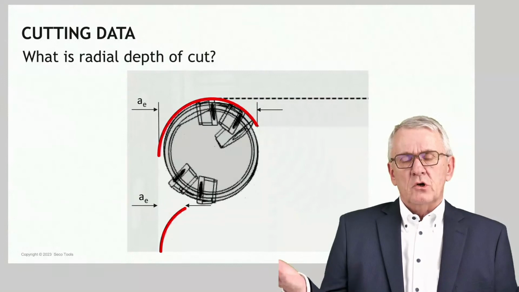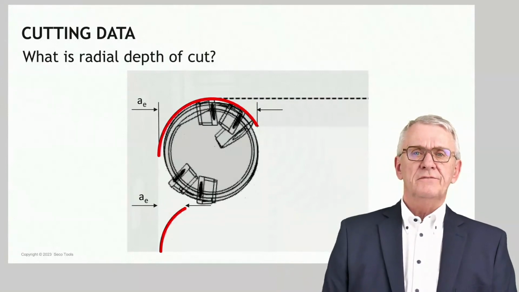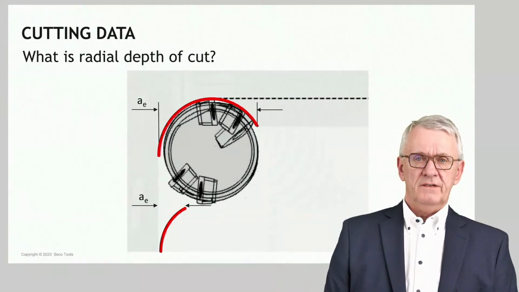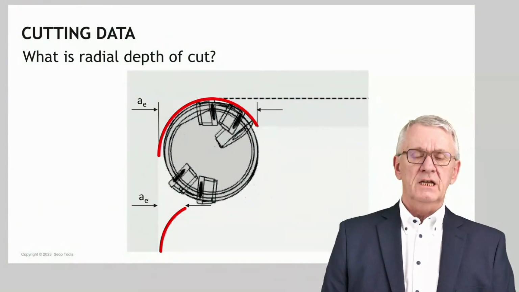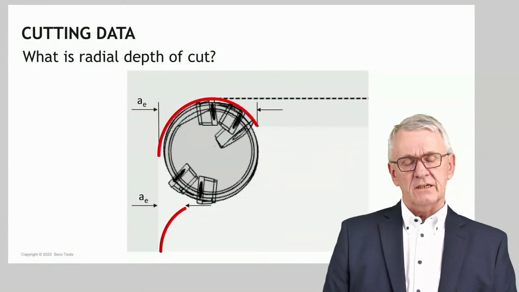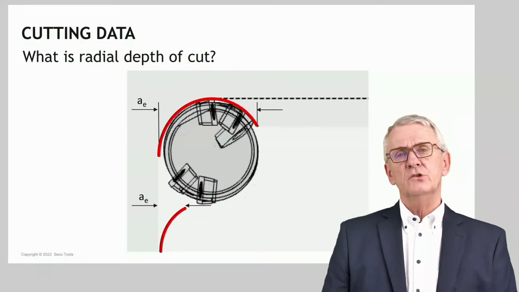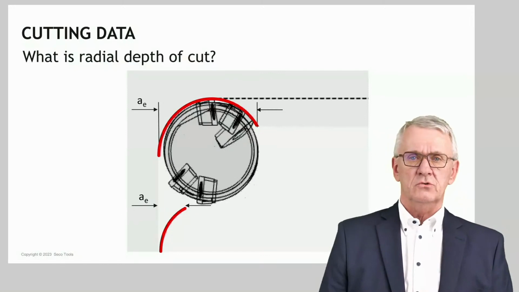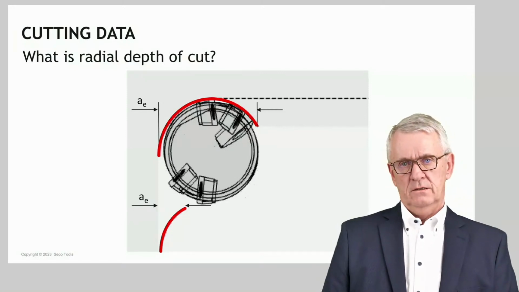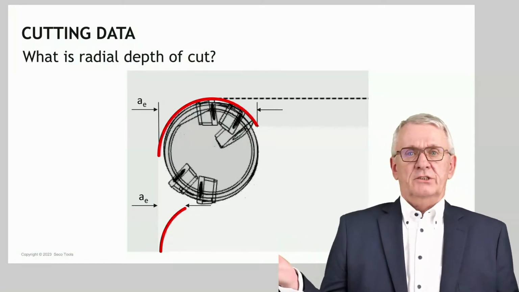That should be kept constant. But the feed should be modified if needed, and here there is a need to modify the feed because the chip is getting thicker. Too thick, and we have to make the chip thinner, and we do that by reducing the feed. The why answered.